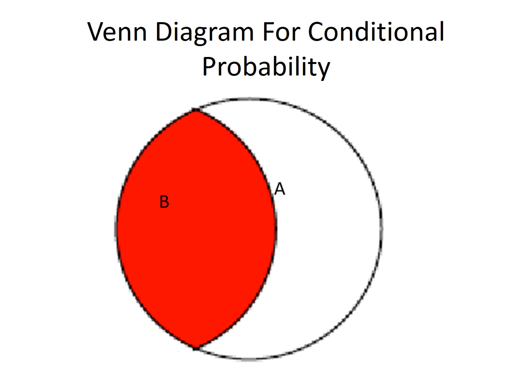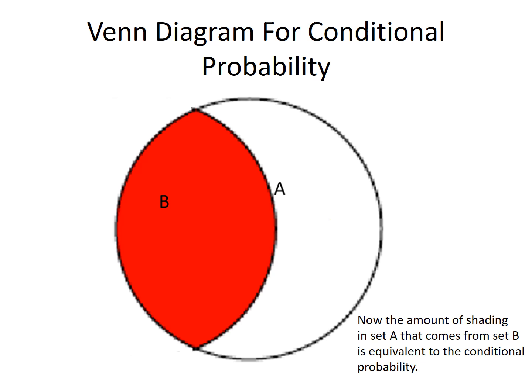Now, Venn diagrams are usually not used for their area computations, but graphically speaking, this is one way to interpret that information. So how much of B actually carries over into A is one way to think about a diagram for the conditional probability. And as it says down in the corner, the amount of shading in set A that comes from set B is equivalent to this conditional probability.